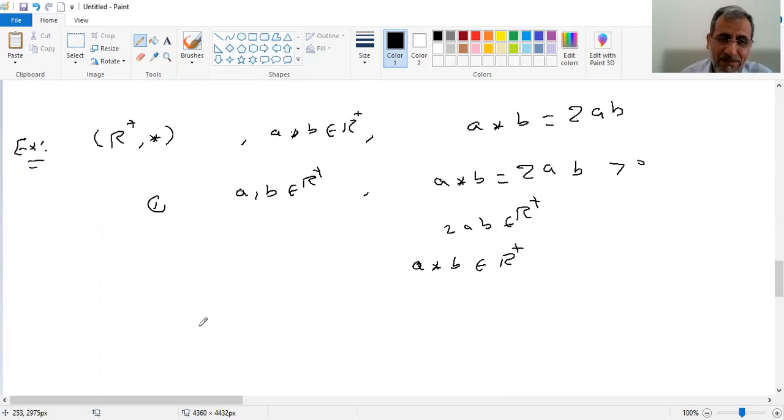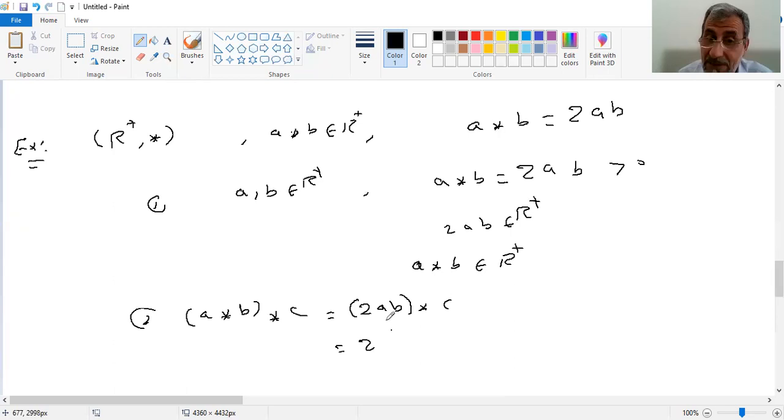Number two, associativity. Now (a star b) star c equals what? The first one, a star b, is 2ab. So 2ab star c equals 2 times the first one, 2ab, multiplied by c, so that equals 4abc. This is the left side.